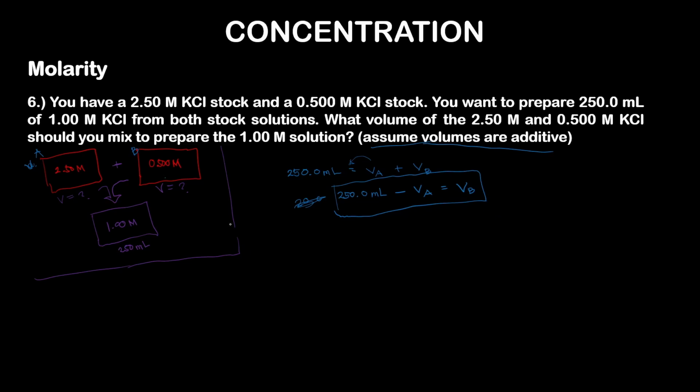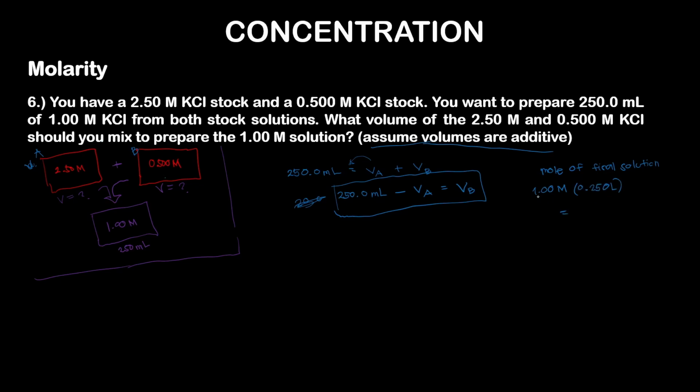And we can calculate the mole of the final solution. What is the final solution? So the concentration is 1.00 molar. If it has a volume of 250 ml, that is just 0.250 liters.